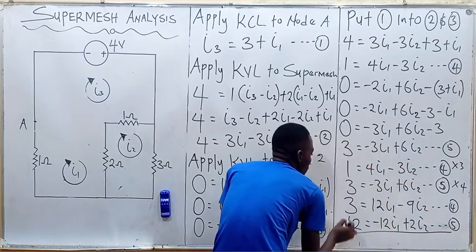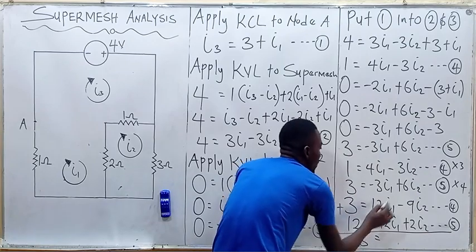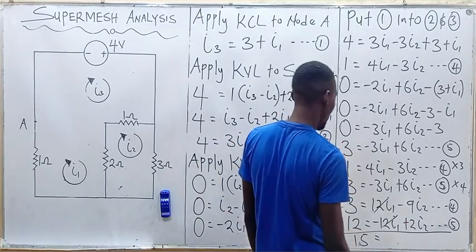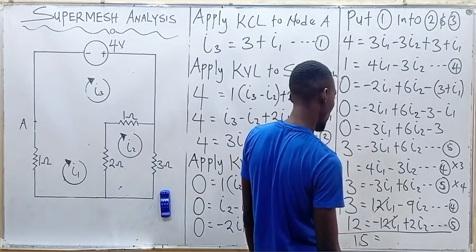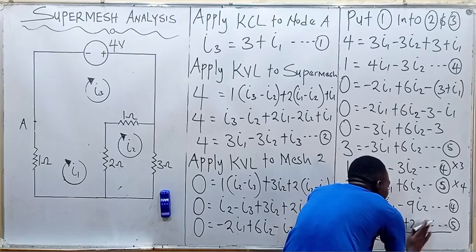If we add these two equations together, we get 15 equals, we cancel the I1 terms, then minus 9 plus 24, oh sorry, it's supposed to be 24, not 2.